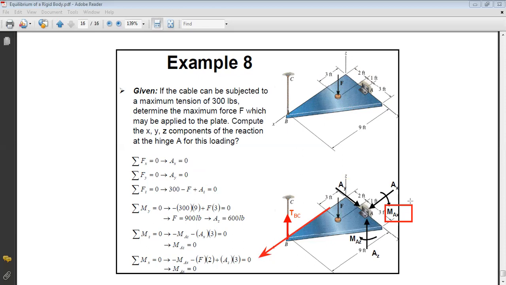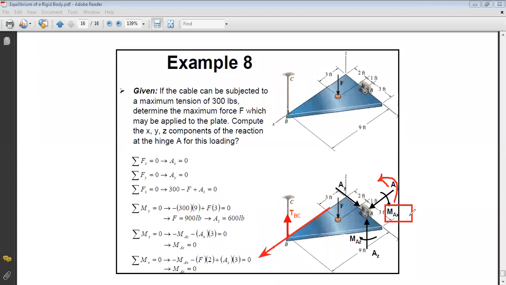It's an assumption, which is why they considered minus MAX, but it's up to you. You can put it positive. If you put your arrow like this, it is positive by the right hand rule. You can stick to plus MAX, and when you solve, you will know if it is positive or negative. But because they considered the positive direction along minus x, they put minus MAX.